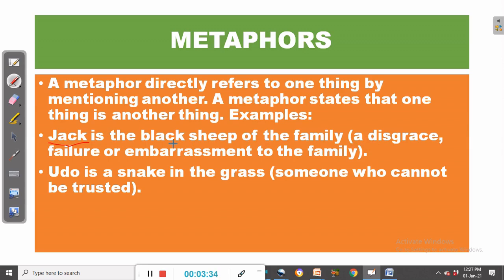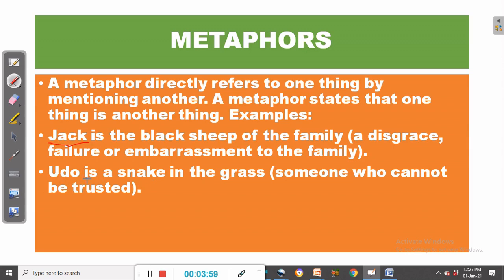So you should be able to look at a metaphor, which can be interpreted by looking at the kind of image or images that the expression creates in your mind.